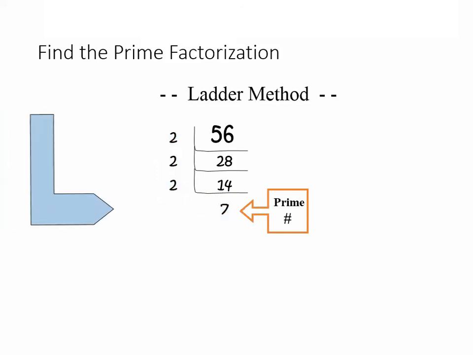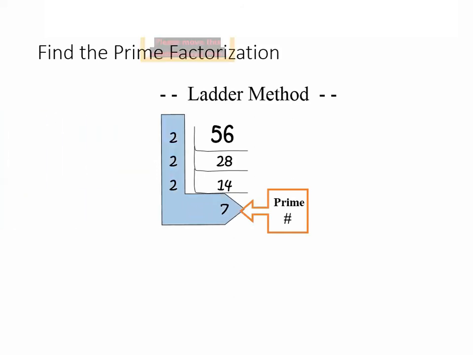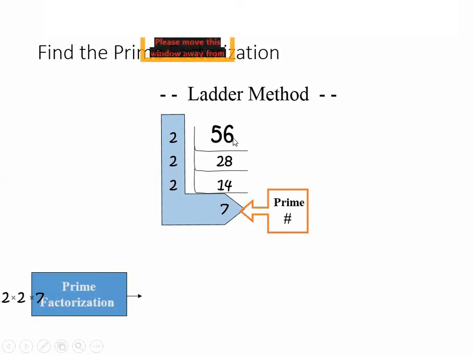The prime factors are 2, 2, 2, and the last number is 7. This ladder shows that these are the prime factors of 56. So we write the prime factors of 56 as 2 multiplied by 2 multiplied by 2 multiplied by 7. Whenever we multiply these numbers together, we get the product, which is 56.